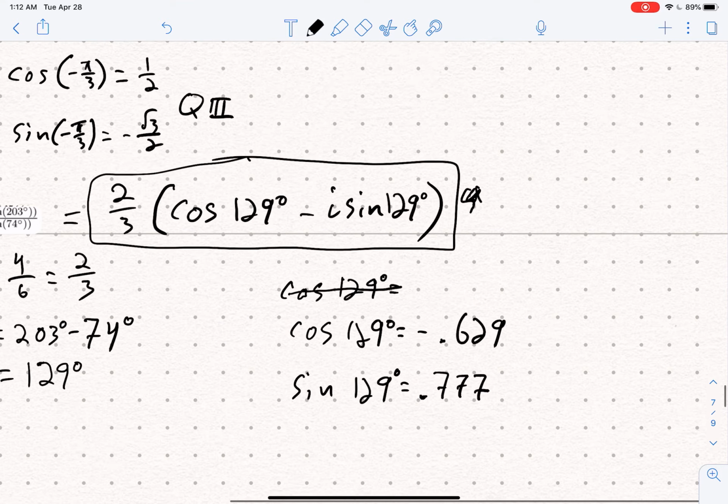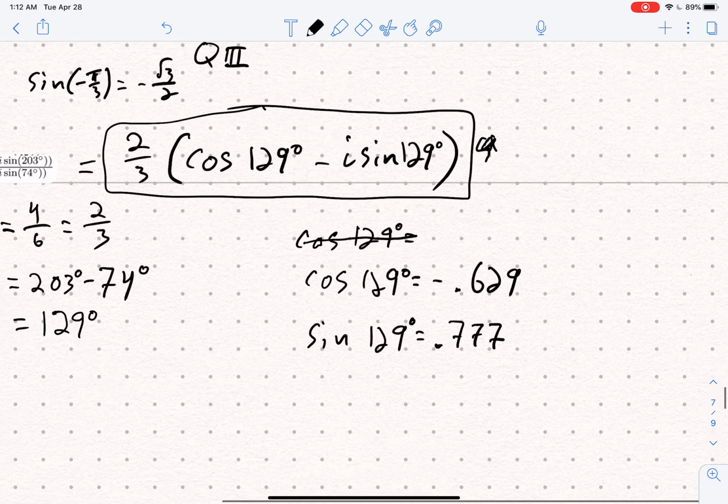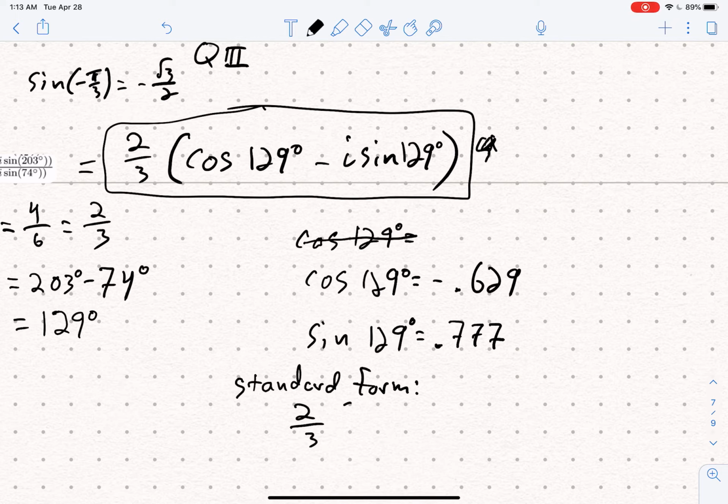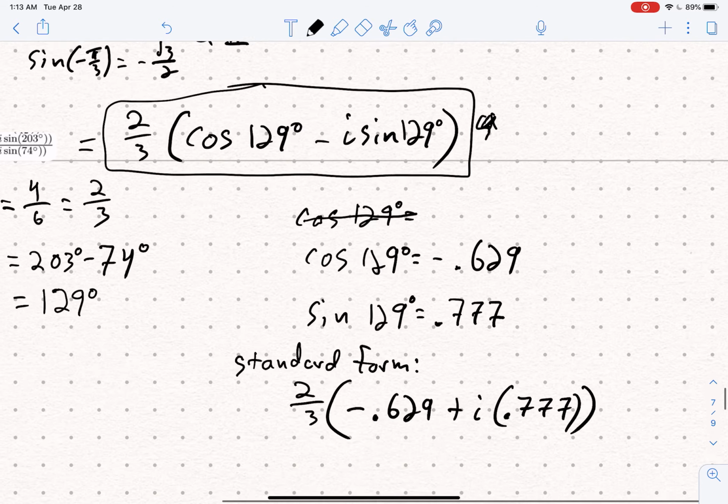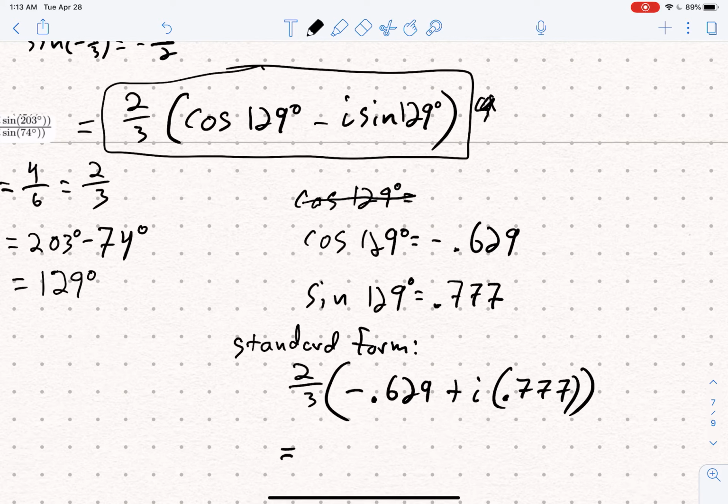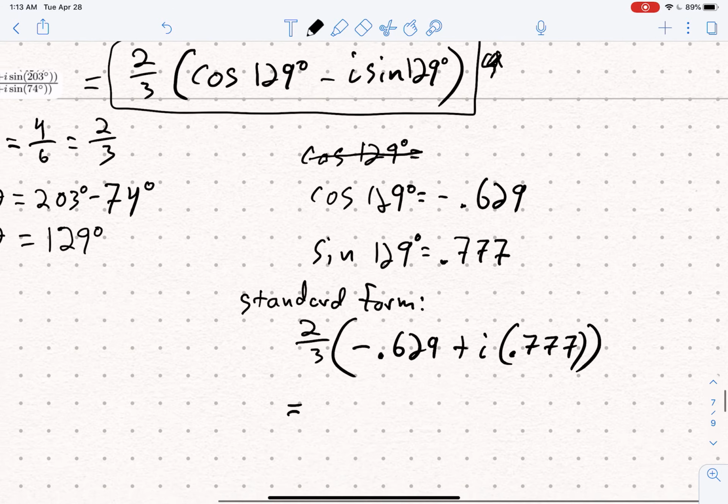So, converting this into standard form, we still have that 2/3, and then inside, cosine of 129 is negative 0.629 plus i times 0.777. And now what do we need to do? We need to multiply through by that 2/3.